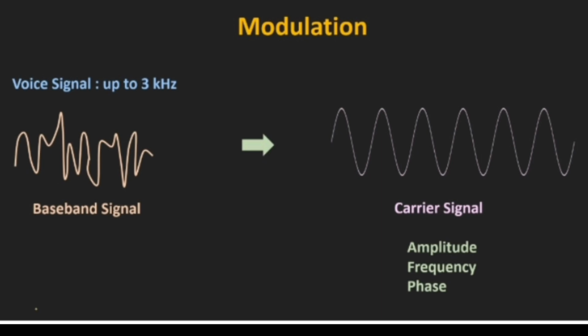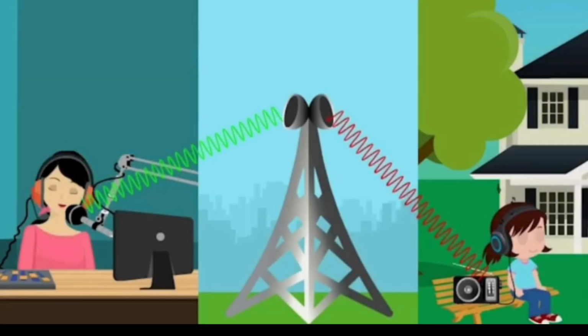Now, why is there a need for modulation? We'll see that. Basically we can see that there is a radio station here, and the message signal is transmitted to the tower and the tower is sending those signals to the radio.